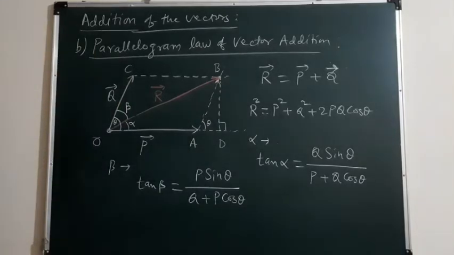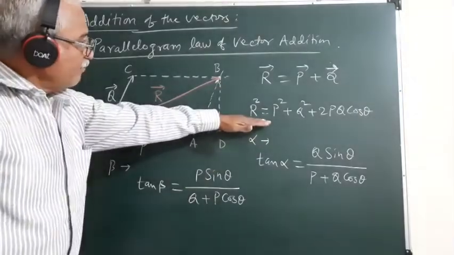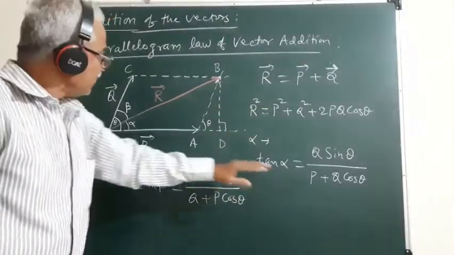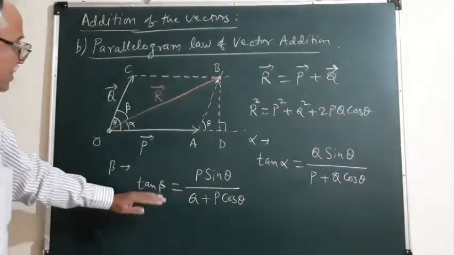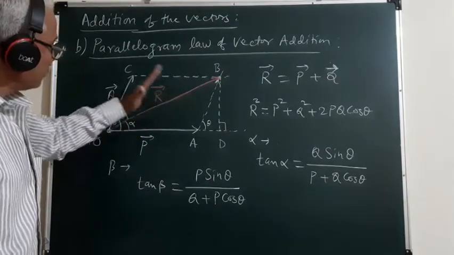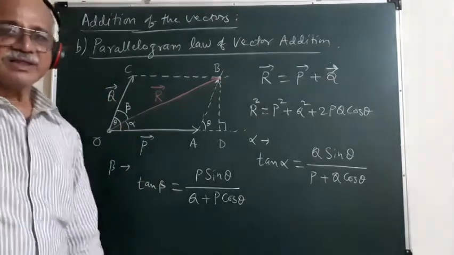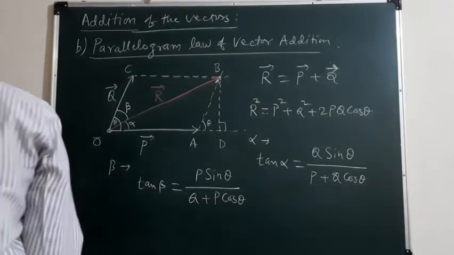So these expressions give the magnitude of R bar, the angle subtended by R bar with P bar, and the angle beta subtended by R bar with Q bar. So that is the parallelogram law of vector addition.